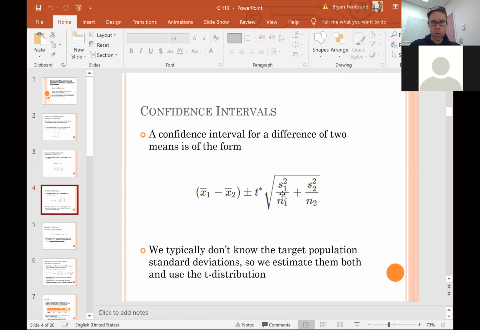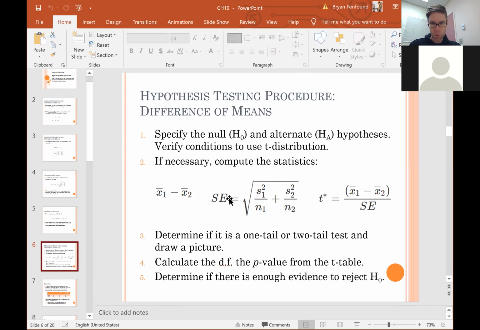For example, for the formula for the confidence interval, we take a standard error where we use the estimates S1 and S2 in place of sigma 1 and sigma 2. And then we have to utilize the student t-distribution. So you're going to see a t cutoff number here rather than a z cutoff number. And it'll be similar when we go to do our hypothesis test as well.